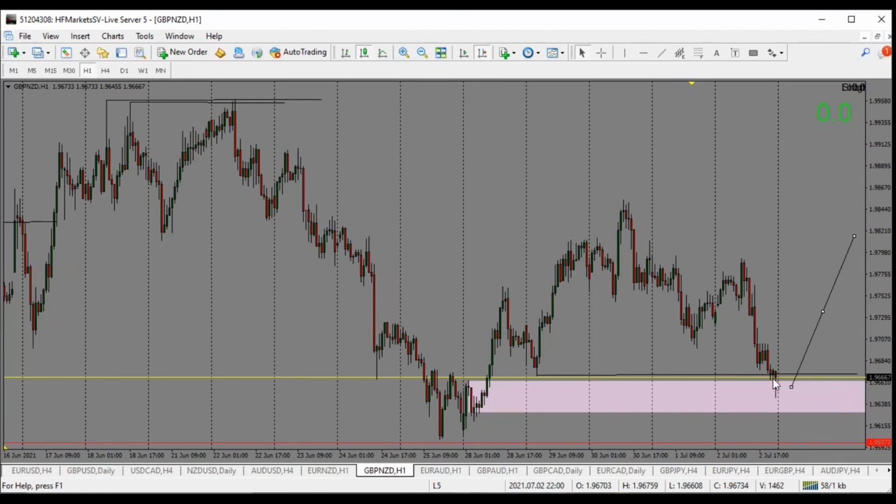We have all these brokers doing different kinds of things. So you're going to have a nice buy on GBPNZD for next week. That's a bonus if you can make your setup and make your money.